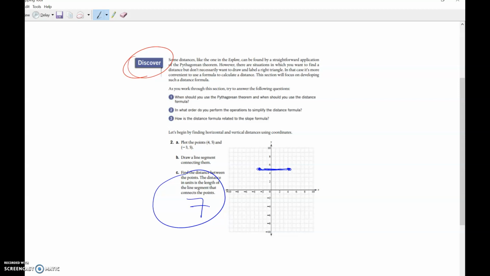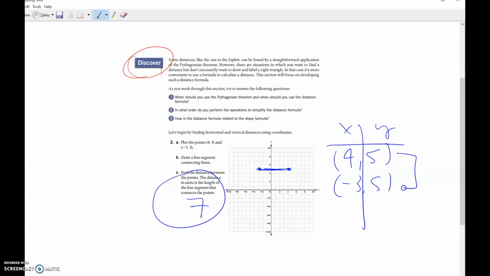And so if you look at the 2 points, 4, 5, and say -3, 5. If I make my little XY table here, and if I did slope, notice the change here is 0. The change here is -7.